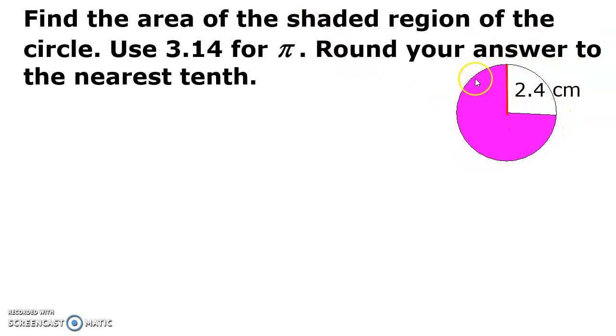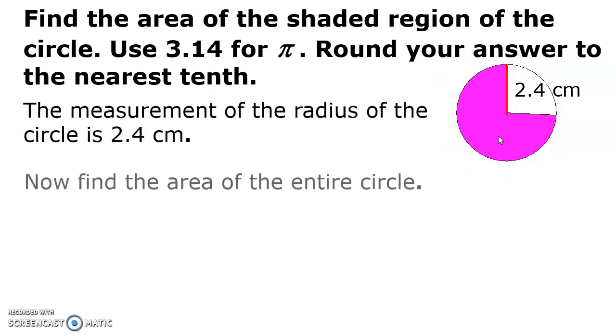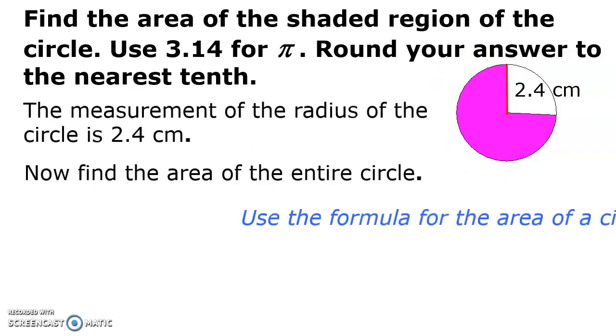And it looks like it's about 3/4 of the circle. Okay, so we need to find the area, given that the radius is 2.24. That's going to give us the area of the entire circle. And then we're going to multiply that by 3/4. Okay, so let's go ahead and do the actual area of the circle.